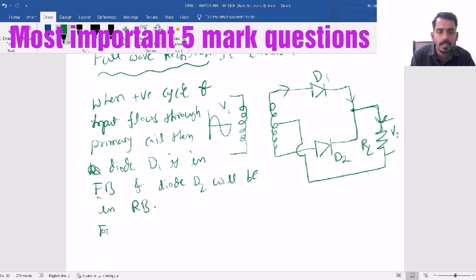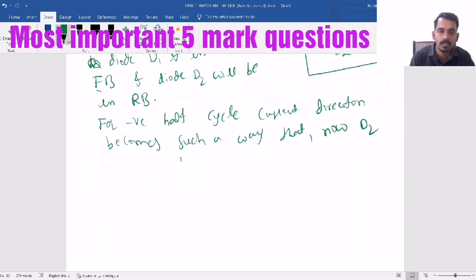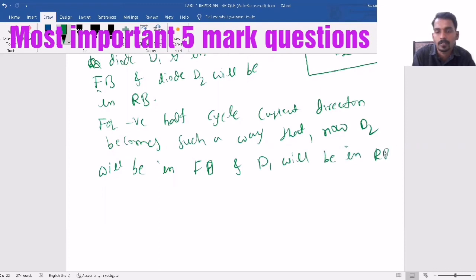Now for the negative half cycle, the current direction becomes such that now D2 will be in forward bias and D1 will be in reverse bias.